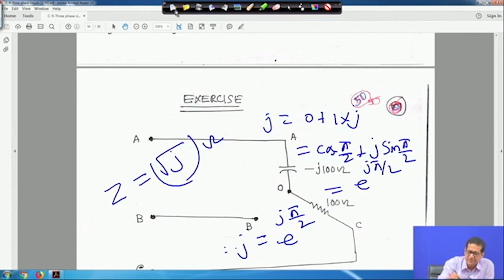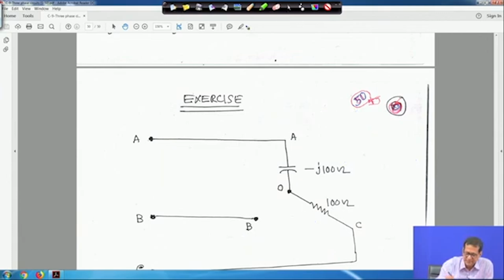Therefore Z is equal to root j, which is j to the power half.